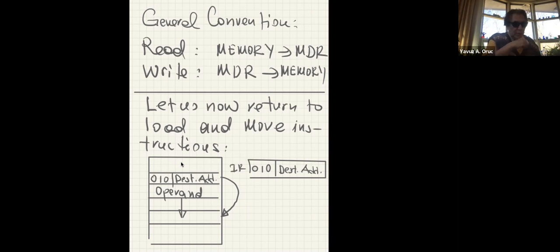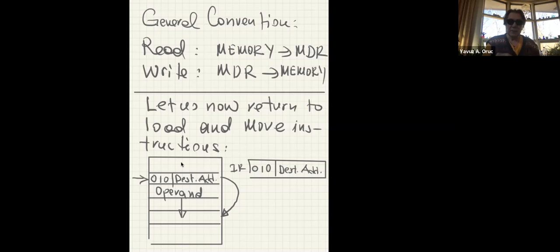Now, when we're executing instructions, our program counter keeps track of the things that we want to do. As I'm executing this instruction, the address in my program counter points to that location.